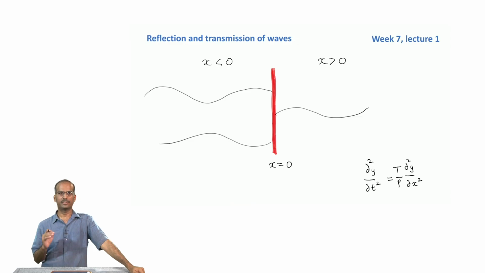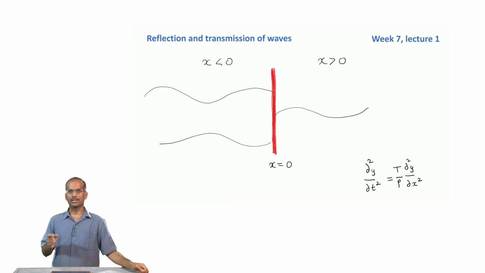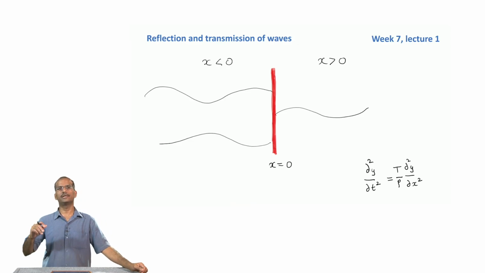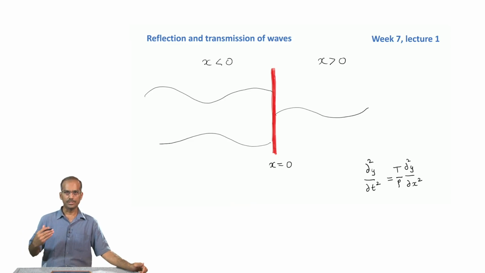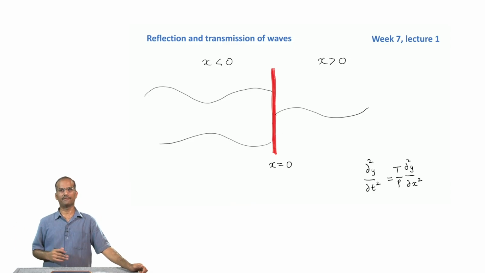If we think of our standard example, namely the string, it is equivalent to saying that at x equal to 0, suddenly the material of the string has changed, because in all these problems where a wave is launched on a string, the medium is the string itself, and in the medium of string there is some waveform that is travelling. At x equal to 0, suddenly the string has changed.